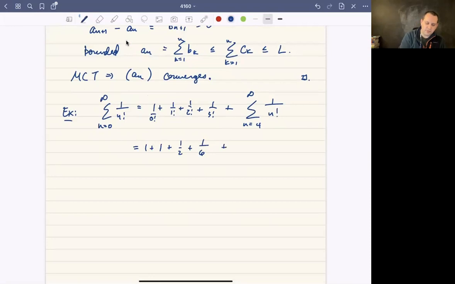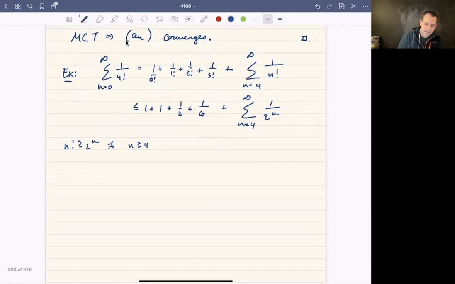And what I'm going to do is notice that n factorial is greater than or equal to 2 to the n if n is at least 4. And so 1 over n factorial will be less than or equal to 1 over 2 to the n if n is at least 4. And so that's going to be bounded by the sum of 1 over 2 to the n as n goes from 4 to infinity.